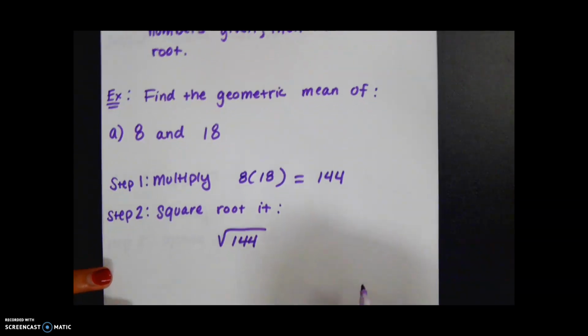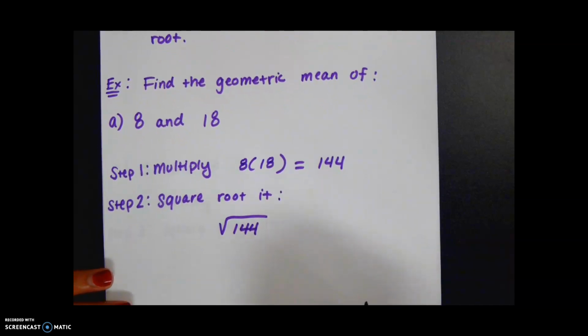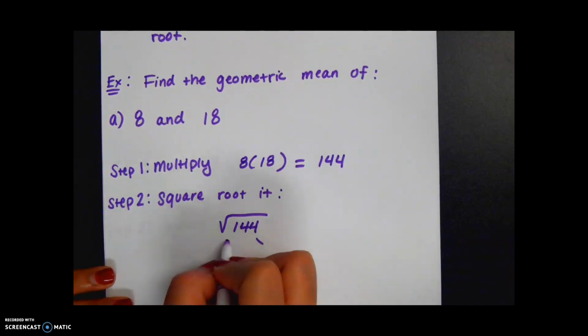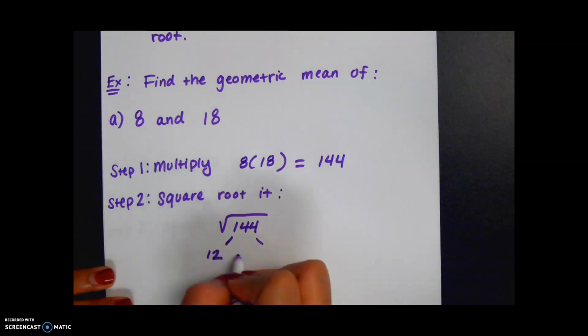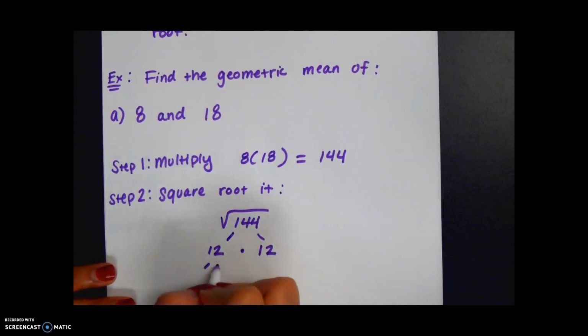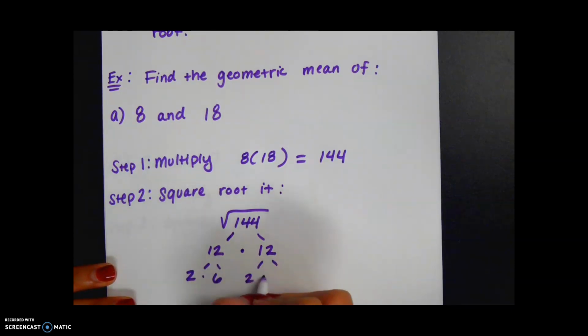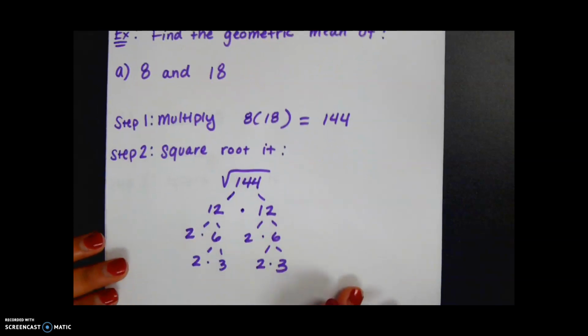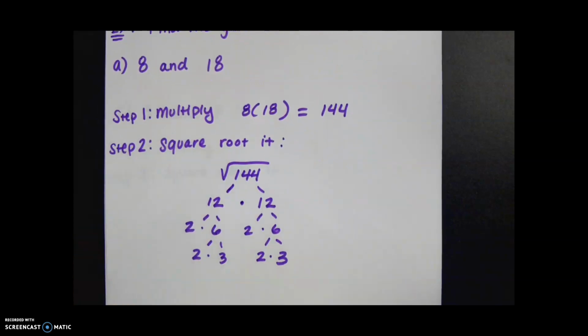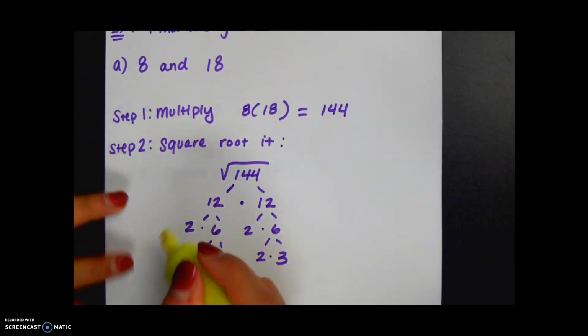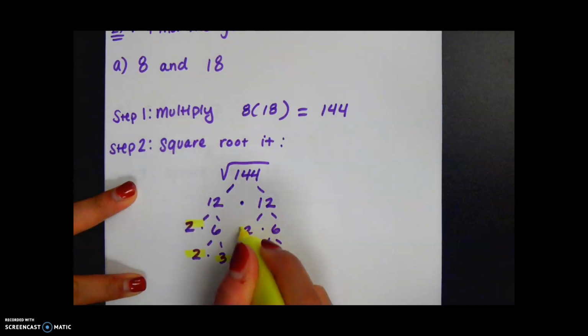We should know by now that the square root of 144 is 12, but if you prefer to break it down into the prime factorization, that's okay too. That's 12 times 12, which is 2 and 6, 2 and 3, 2 and 3. When we get to the end, I'm going to highlight my prime numbers, 2, 2, 3, 2, 2, 3.